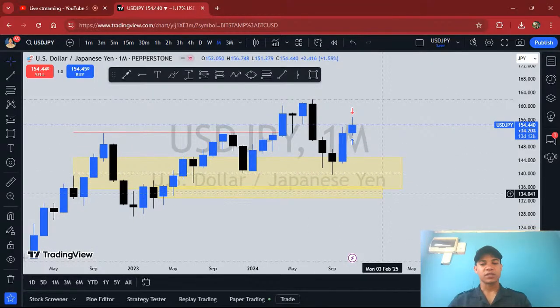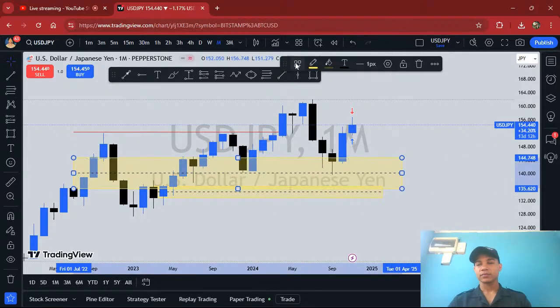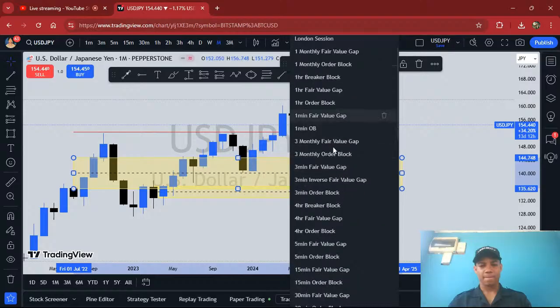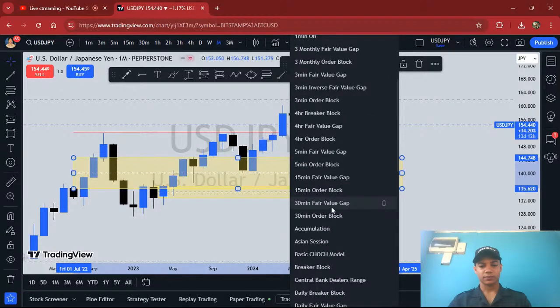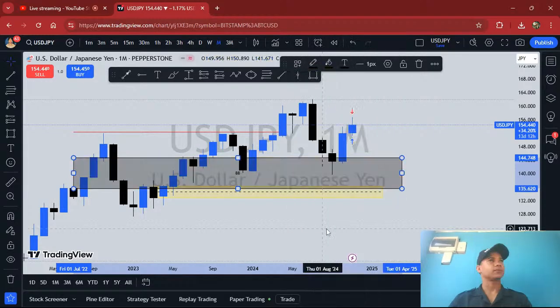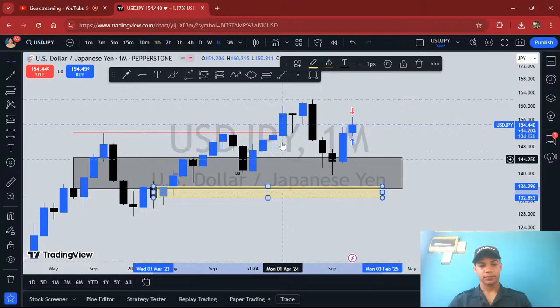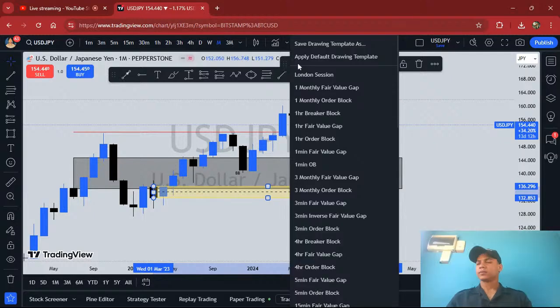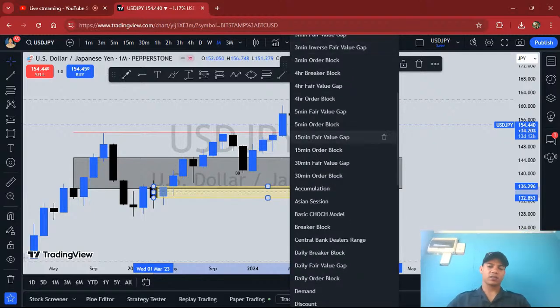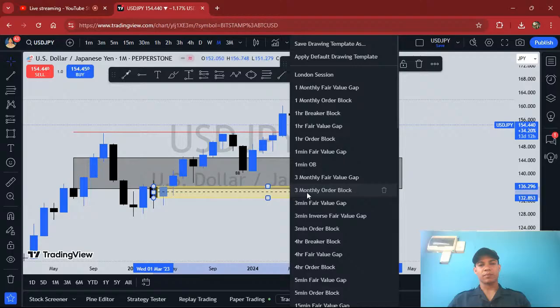But we have to see what price is doing at the lower time frame at this breaker. So this is my one monthly order block.